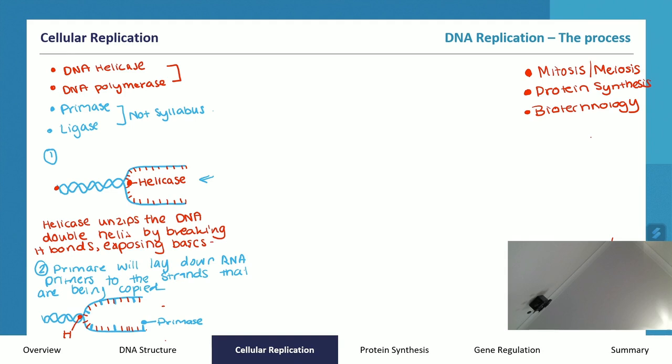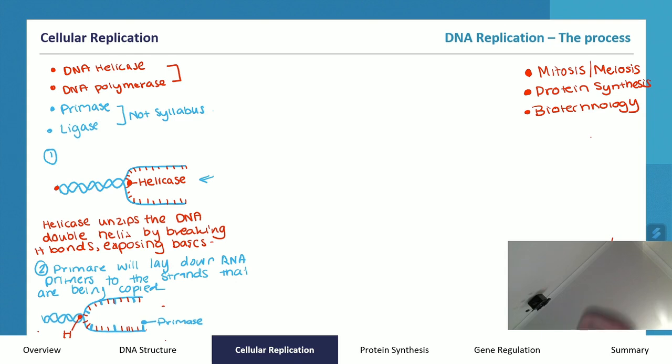Or if you're doing primer before putting on makeup, it's something that helps all of your makeup stick onto your face and stay. The primer laid down by primase helps the copied DNA strand, or the extra copy that we're going to make, adhere onto the original copy more efficiently. So it's essentially like a priming step that helps the copied DNA strand stick onto the original DNA strand better.